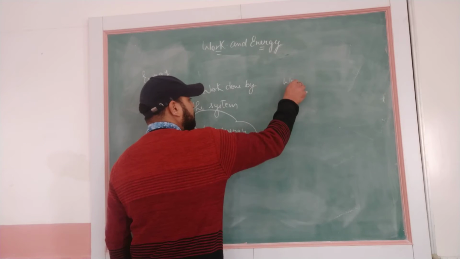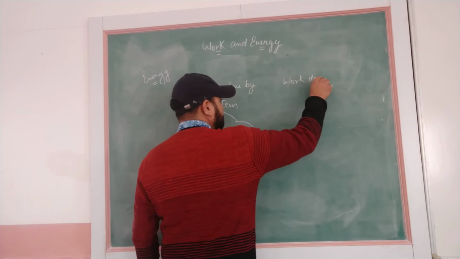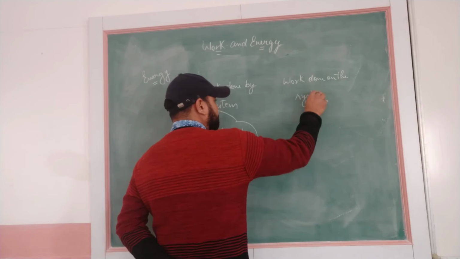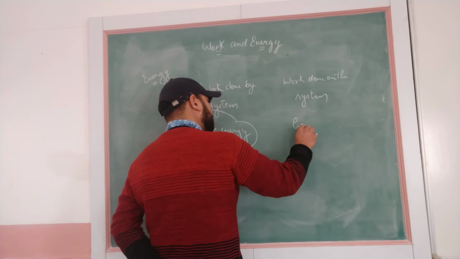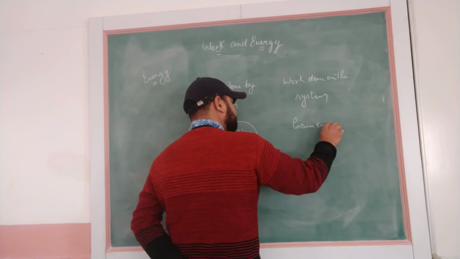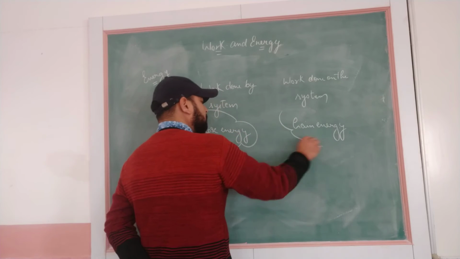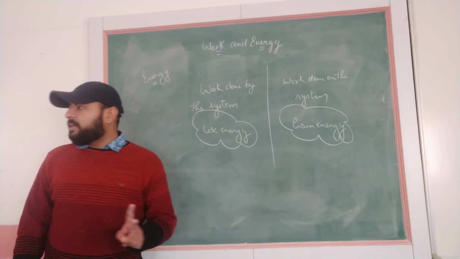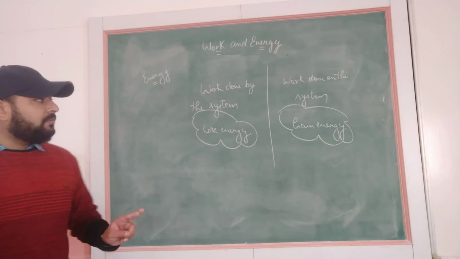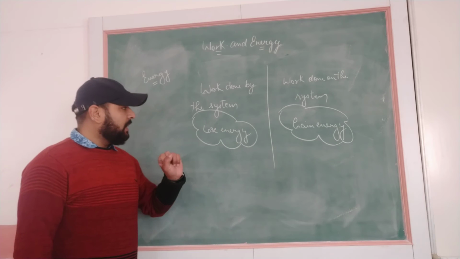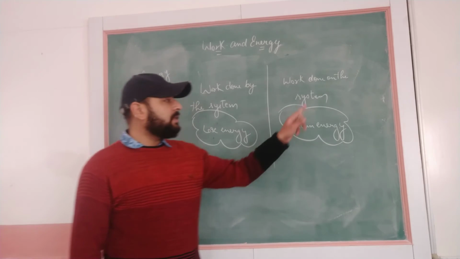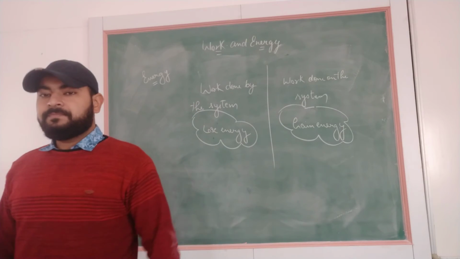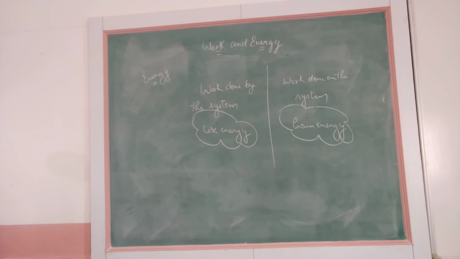If the work is done on the system, it will gain energy. These are the two conditions of energy transfer: if the work is done by the system, it will lose energy; if the work is done on the system, it will gain energy. Alright?